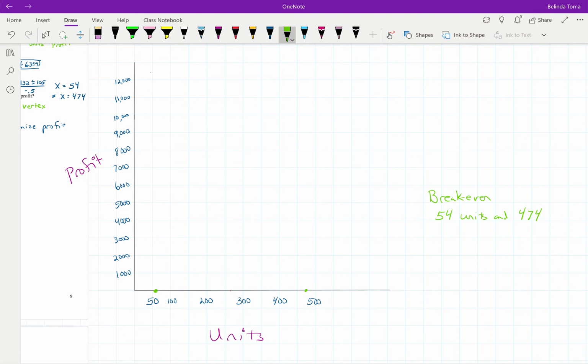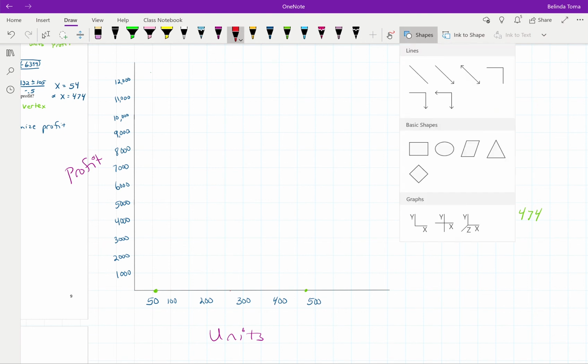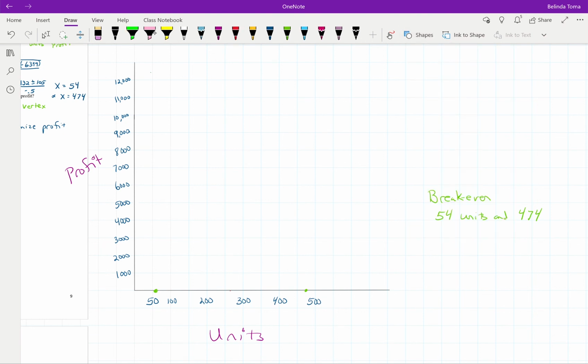Well, our maximum or minimum, but in this case, because it's a negative a term, it's going to be a maximum. Because of the symmetry, we'll be halfway between those points. So if we average 54 and 474, we're going to get 264, which is exactly what we got when we did the negative b over 2a.